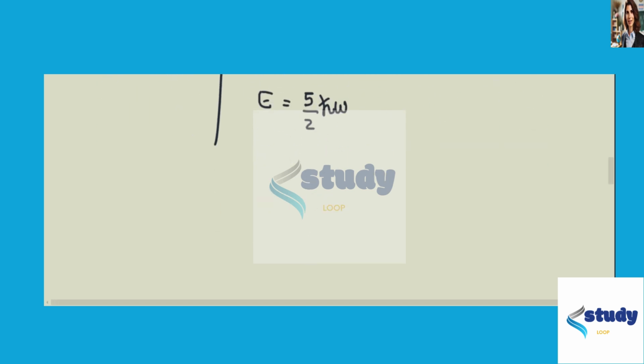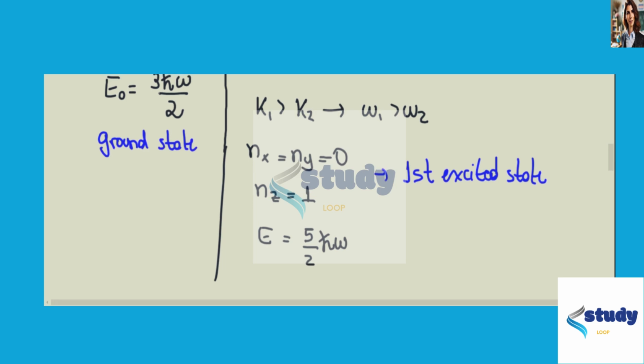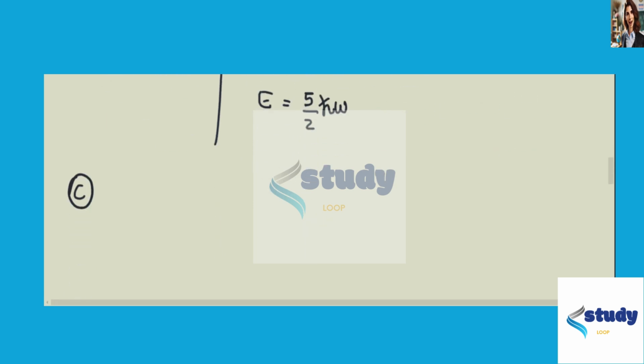And in question C, we are asked how many different states there are for the ground state and for the first excited state. For the ground state, there's only one state. That's nx equals ny equals nz equals 0. And for the first excited state, there's also only one state.